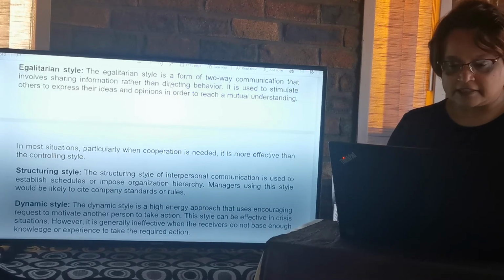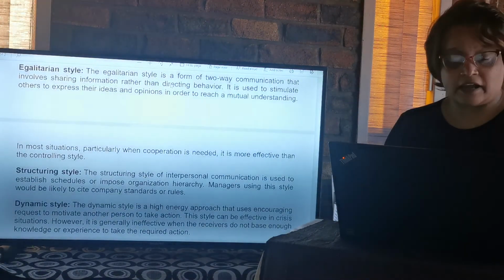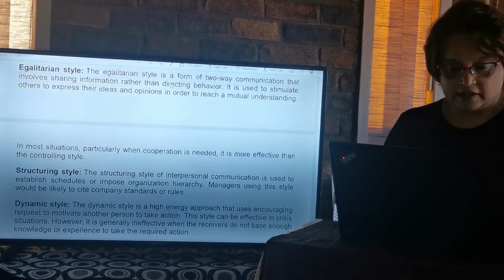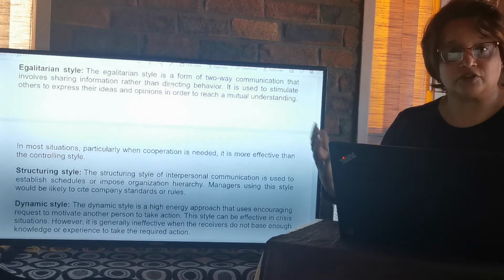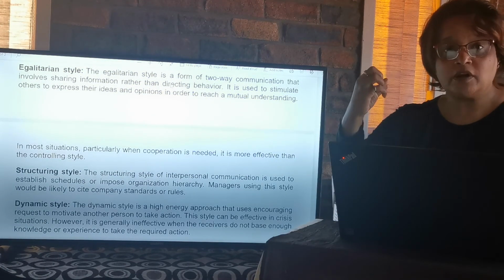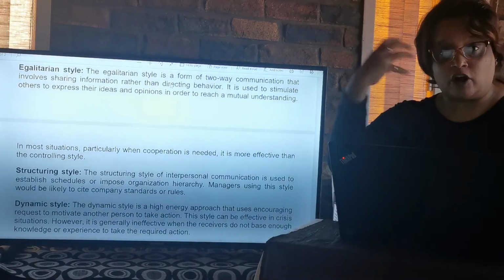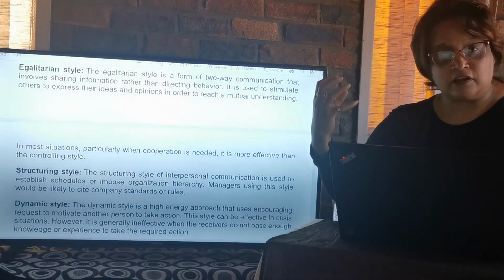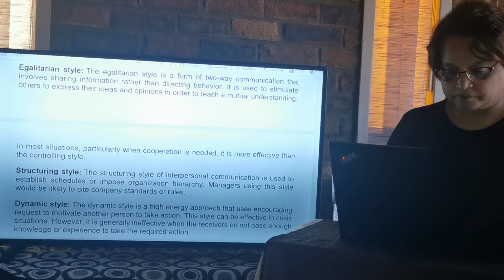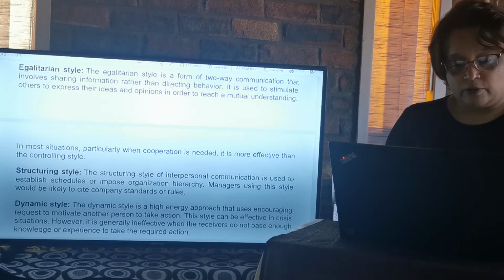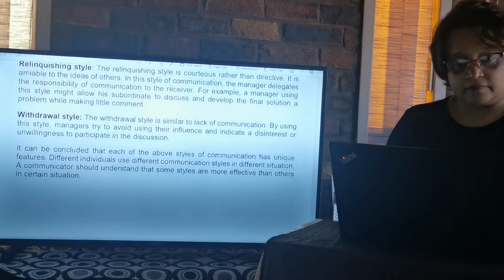Dynamic style is a high energy approach and uses encouraging requests to motivate another person to take action. It is generally ineffective when the receivers do not have enough knowledge. So that's why I say dynamic can only be effective when both parties, the informant and the recipient of the information, are knowledgeable.